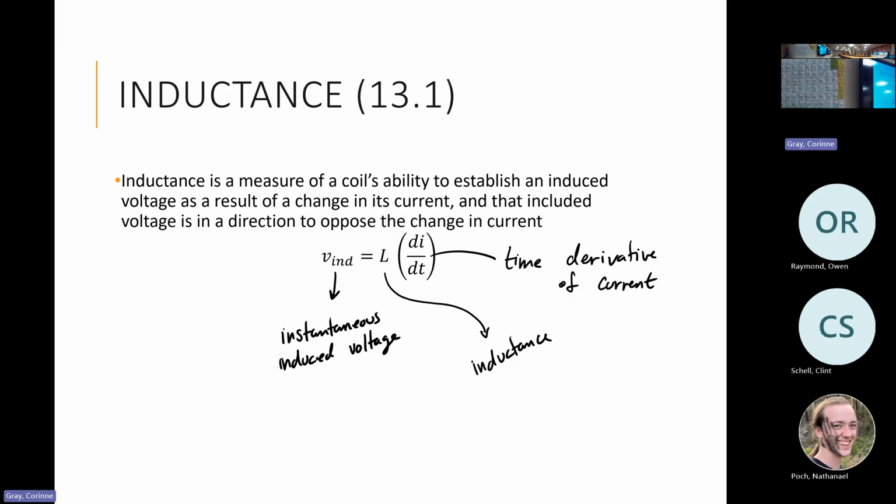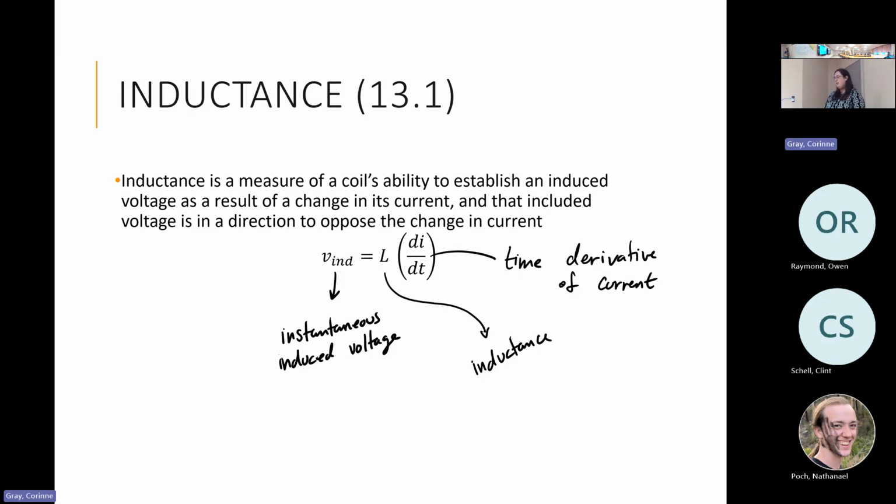So this equation does have representation in a couple of different ways. Again, we'll talk a little bit about where this comes from shortly. But with the inductance, which is going to be L, right? Can't use I for inductance because I already belongs to current.